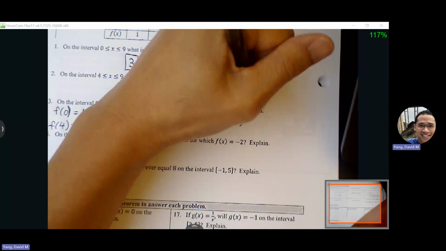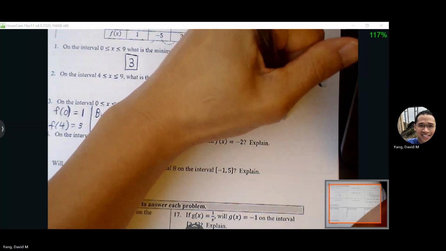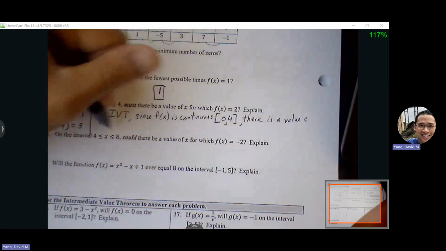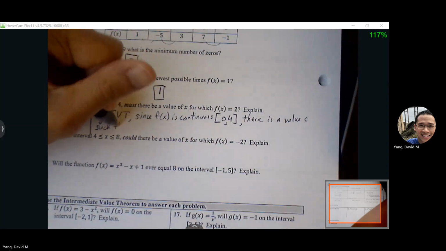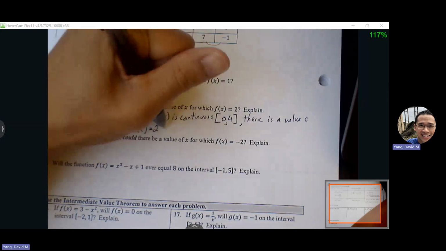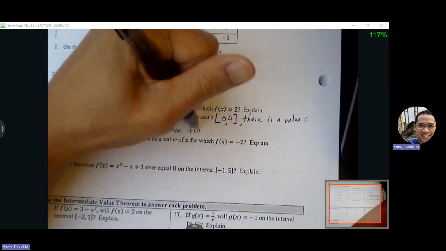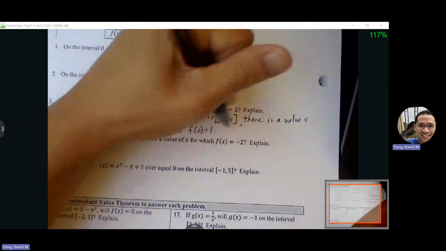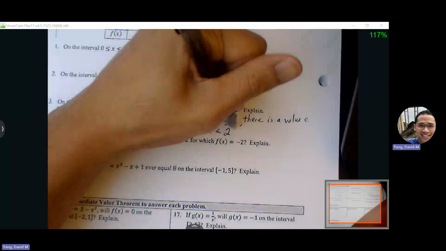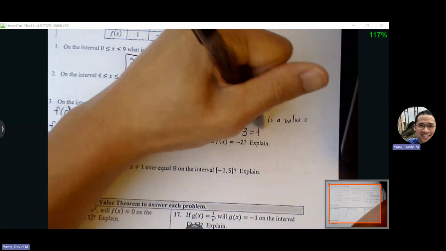There is a value c such that f of c is equal to 2, since we have one endpoint showing a y value of 1, and 1 is less than 2, and 2 is less than 3, coming from the other endpoint.